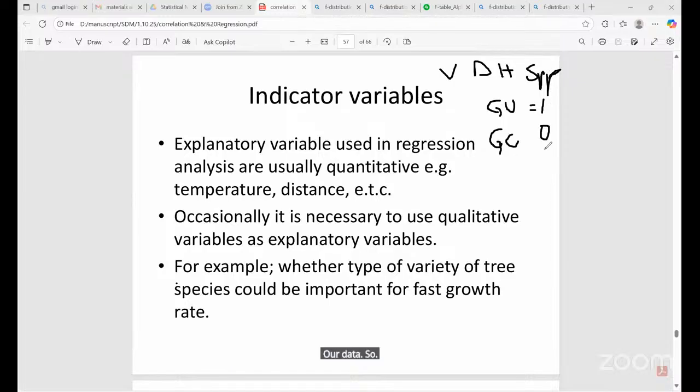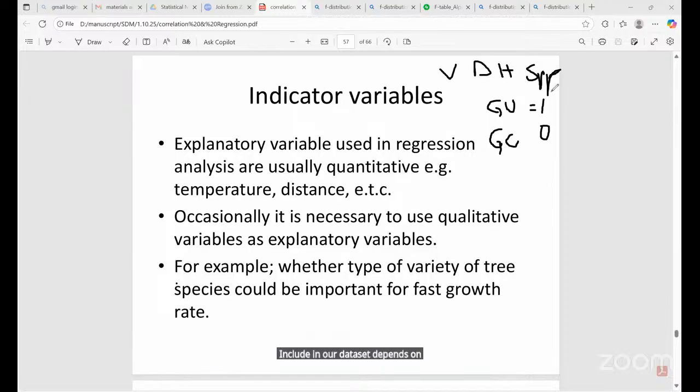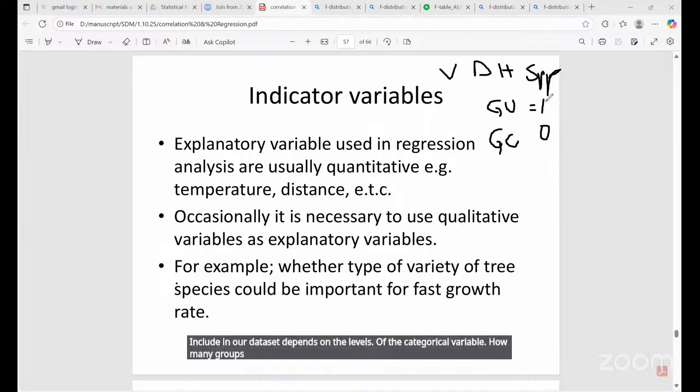So already here I've represented them as codes 1 and 0. They do not have any meaning. It's just a numerical way of representing the categorical information. Now, the number of variables to include in our data set depends on the levels of the categorical variable. How many groups does the categorical variable have?